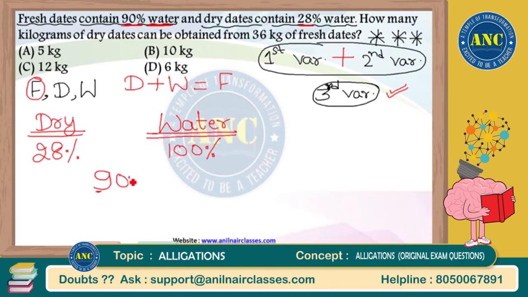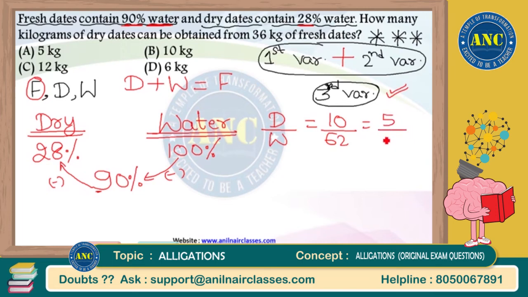Resultant is 90. Now, if I alligate, dry dates divided by water is 100 minus 90, which is 10, divided by 90 minus 28, which is 62. So it is 10 by 62, which is 5 by 31. That means dry dates is to water is 5 is to 31.